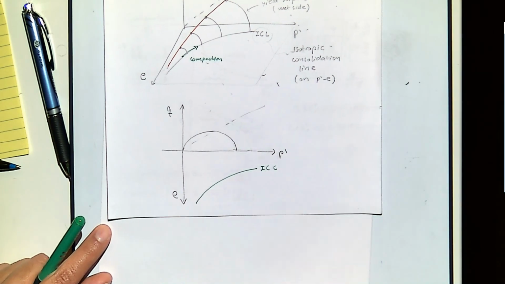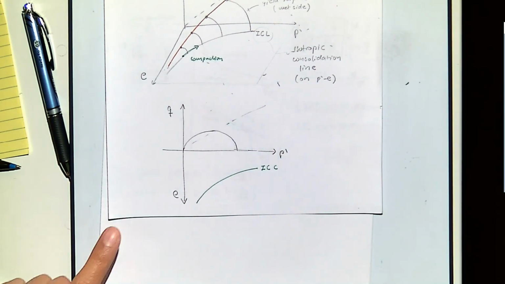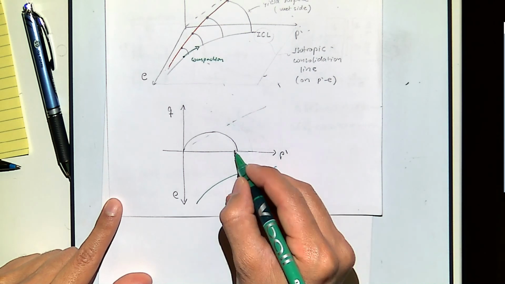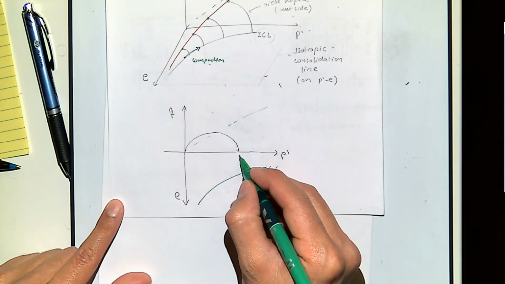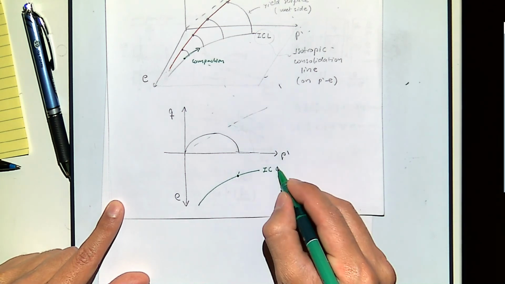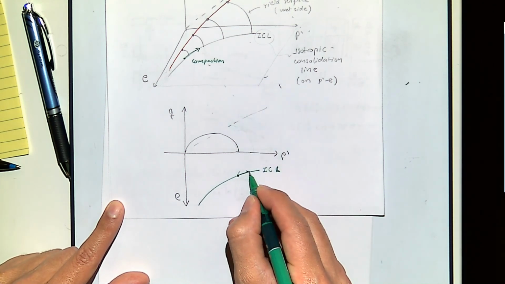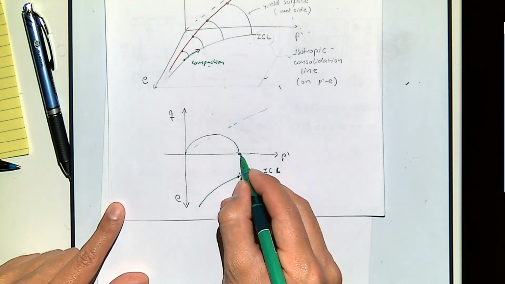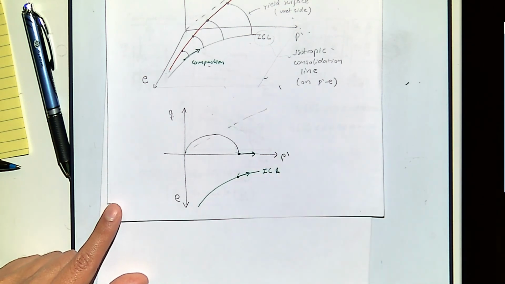Okay, so if you go through a process of compaction, and let's say you start right here, when you go to the isotropic consolidation line, you go this path, and it will be a path that goes from here to there.